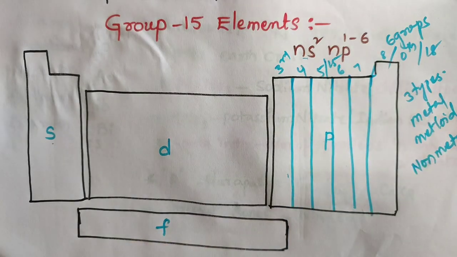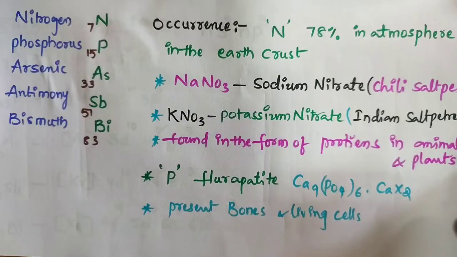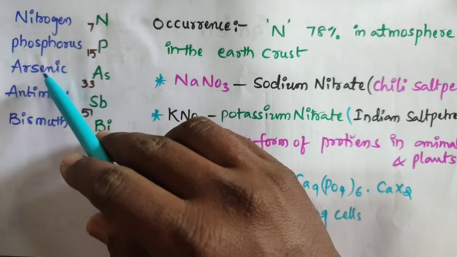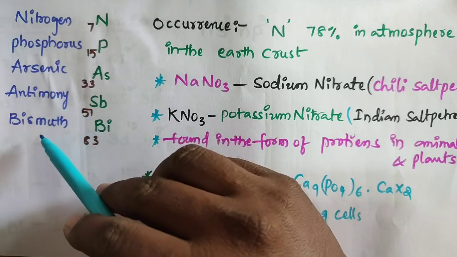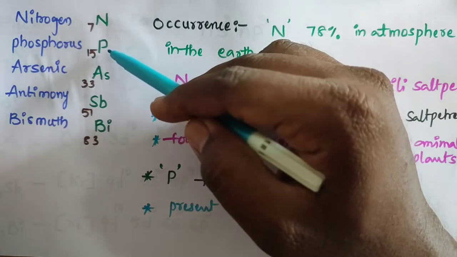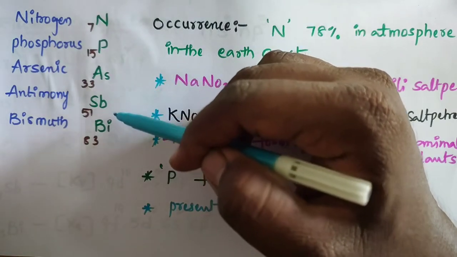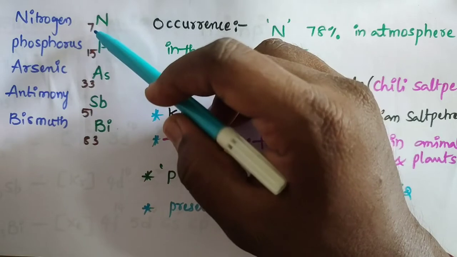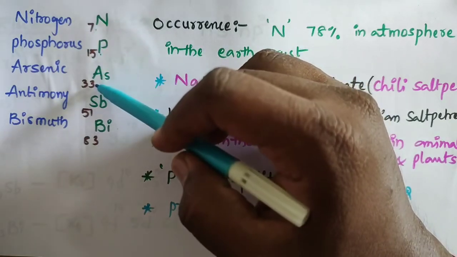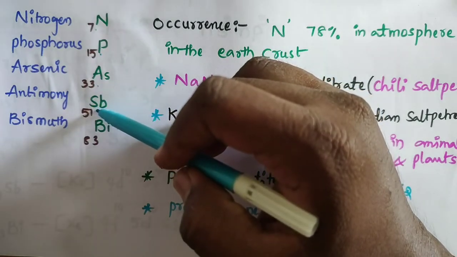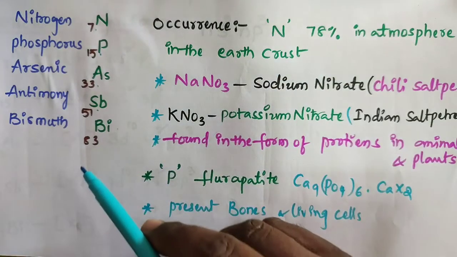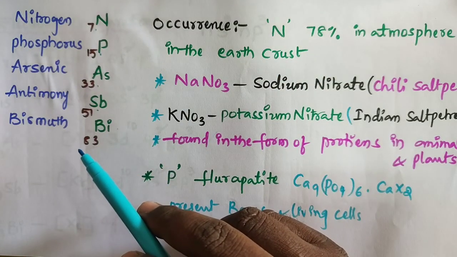The elements are nitrogen, phosphorus, arsenic, antimony, bismuth, with their atomic numbers: nitrogen 7, phosphorus 15, arsenic 33, antimony 51 and bismuth 83.